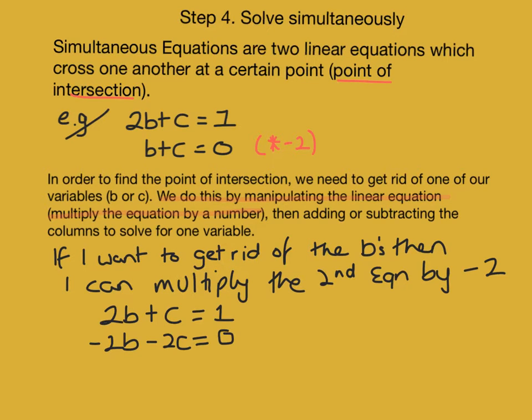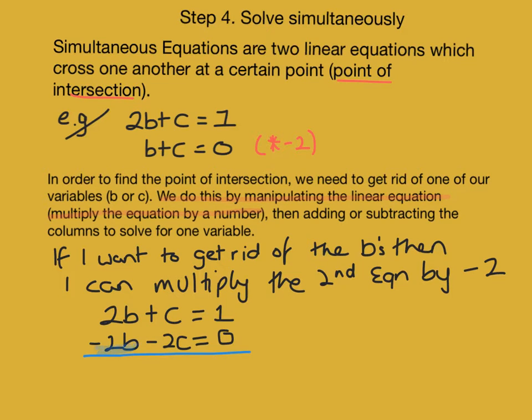Now we're going to do a little bit of old school adding or subtracting. You remember this from when you were in school, when you had to do, for example, 5 plus 4, and you'd put your line underneath and say 9. I'm going to use a highlighter here so you can see the columns I'm working with.